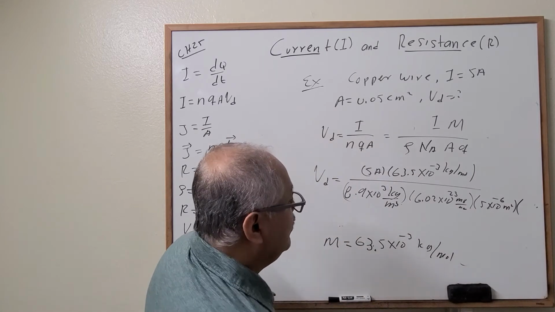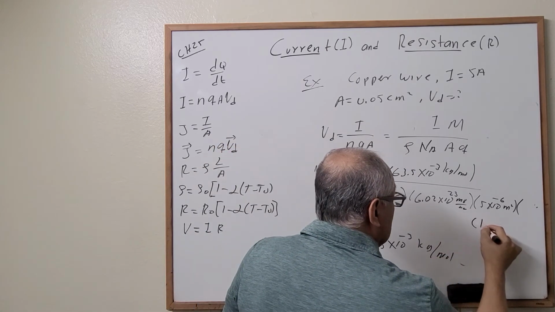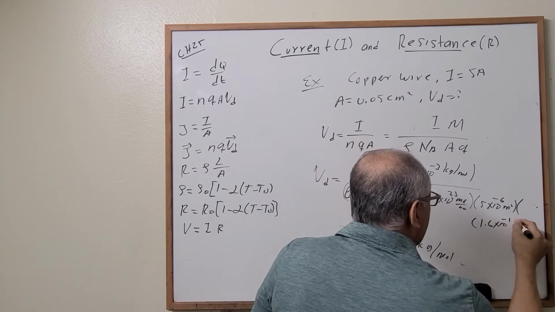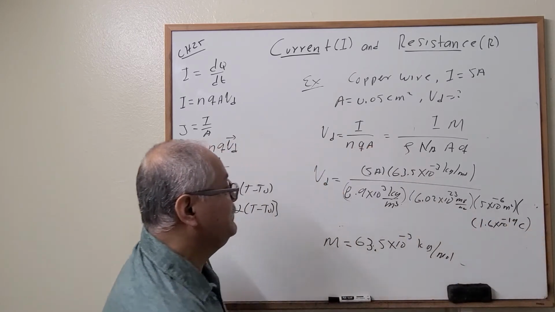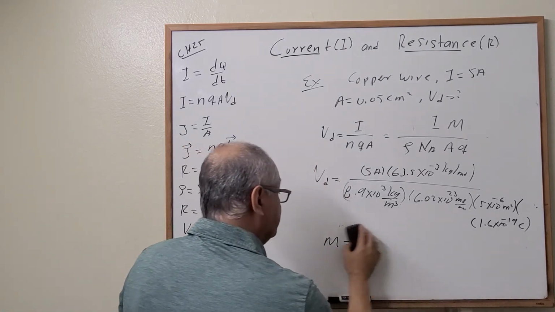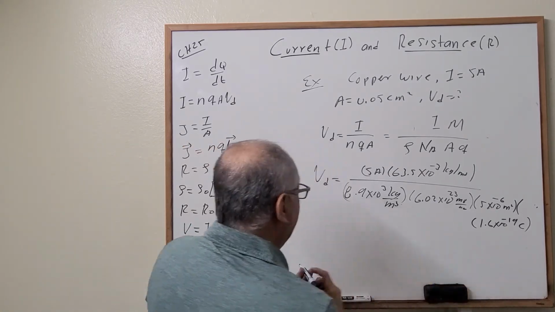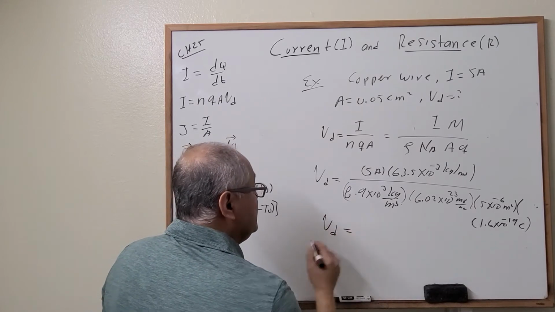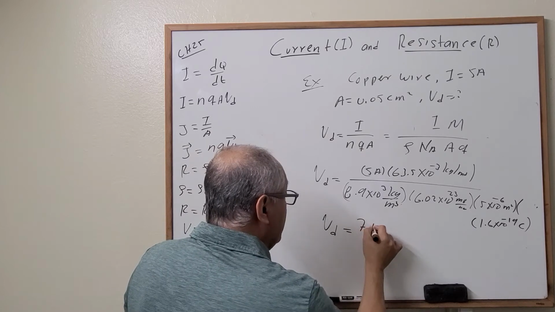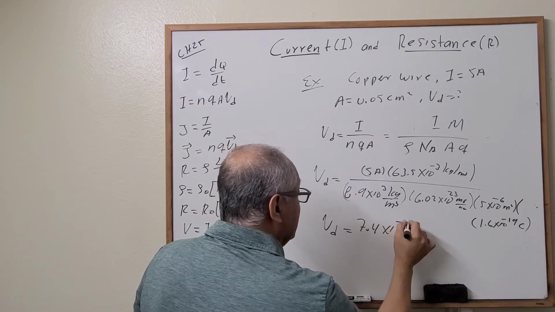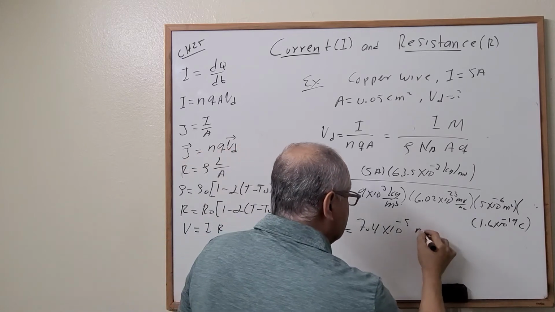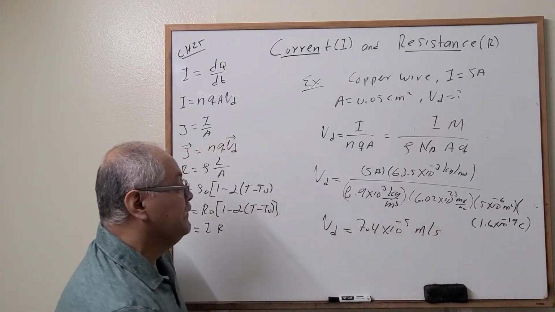The charge is equal to 1.6 times 10 to the negative 19 coulombs. Okay, when we do these calculations, the drift velocity is found to be equal to 7.4 times 10 to the minus 5 meters per second.